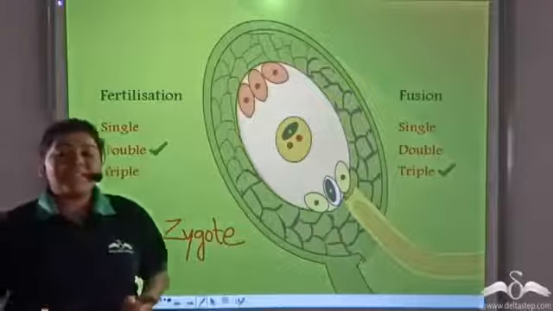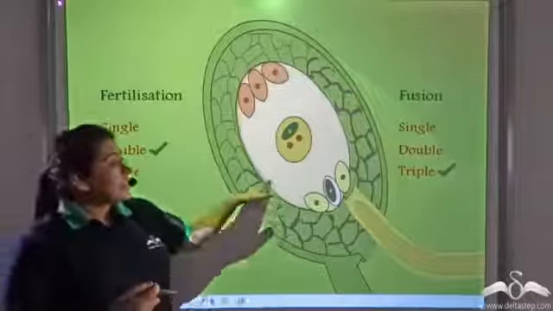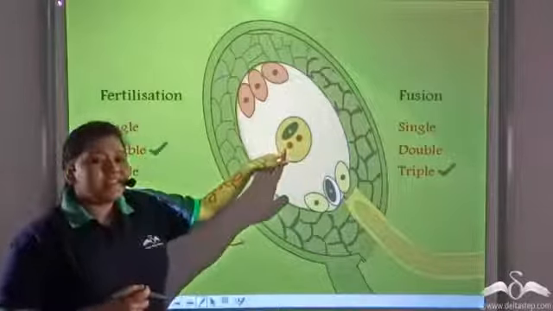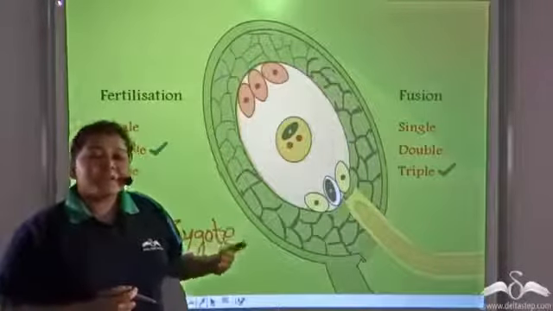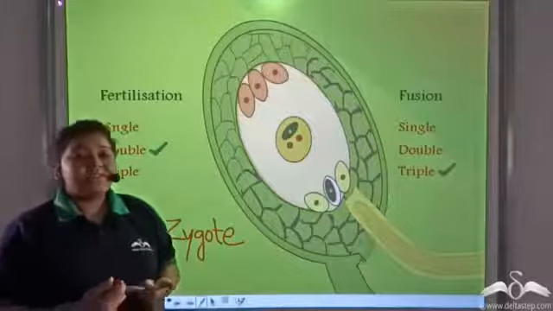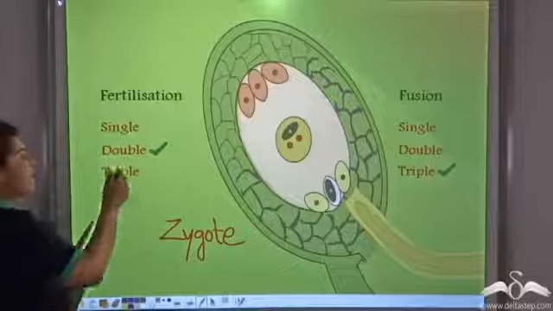And the zygote forms the new plant. The second male gamete fuses with the central cell to form the endosperm, which stores the food. So this process is known as double fertilization.